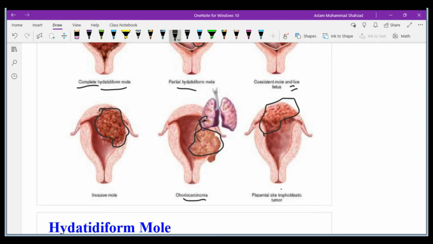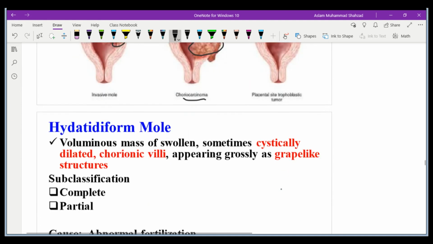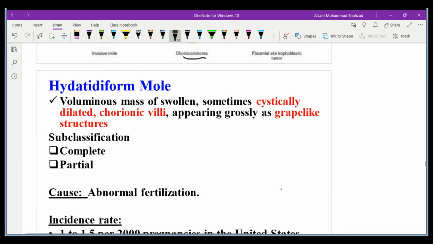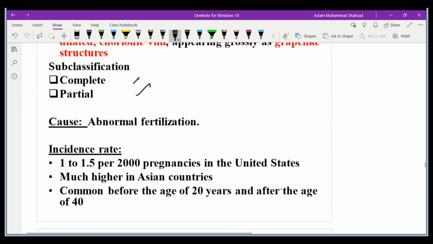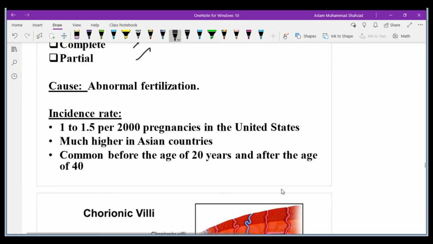So it is categorized into different forms. As I already discussed, hydatidiform mole formations are voluminous in nature because they are swollen, cystically dilated, grape-like structures, and are subclassified into complete or partial, as we saw in the previous slide. The cause is abnormal fertilization.